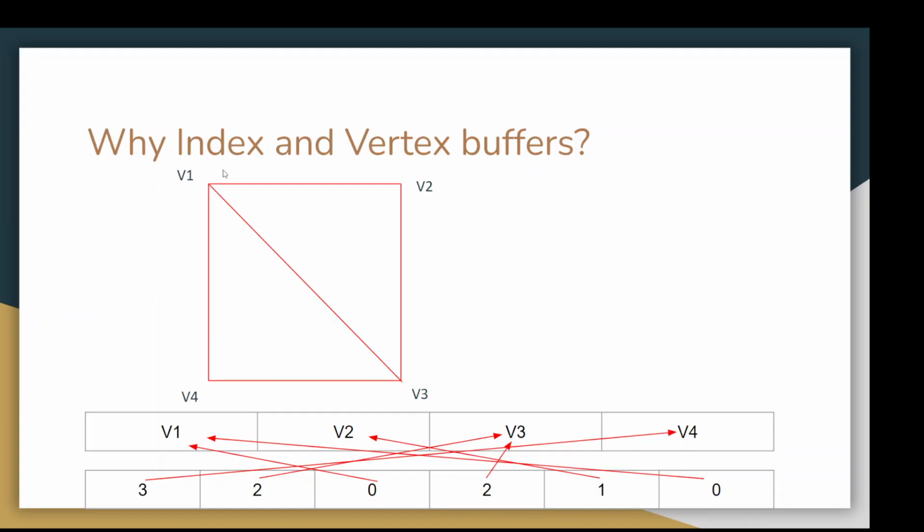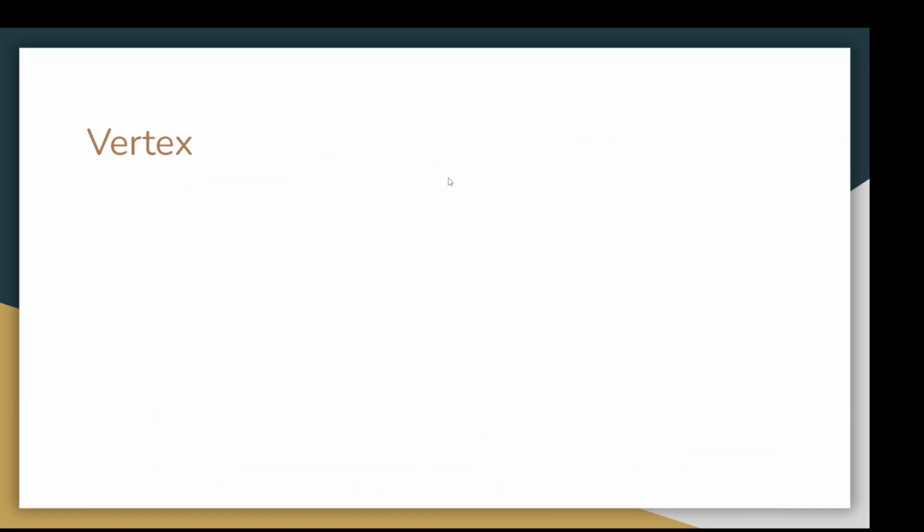But why would we do all this? Well, a vertex is typically made up of a position, a color, and texture coordinates. The position is made up of three floats, one for the X, one for the Y, and one for the Z, and a float is 4 bytes long, so the position is 12 bytes. The color is a 32-bit integer, which is another 4 bytes.